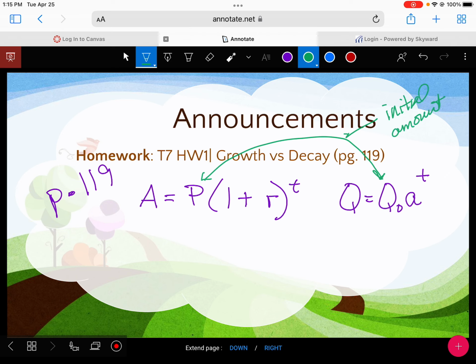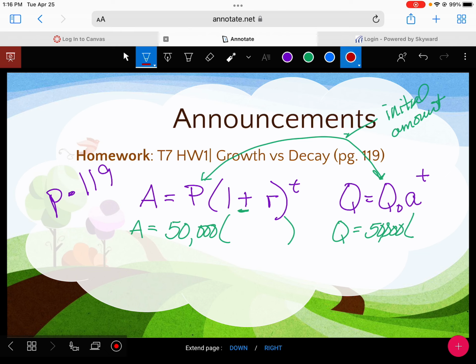Initial amount. So in the problem we just did, what was our initial amount that we started with? $50,000. It's a Q naught. It's a 0 written slightly below and to the right of the Q. So this is going to be 50,000, and it would be 50,000 over here, times, now, you are either going to do 1 plus a rate.